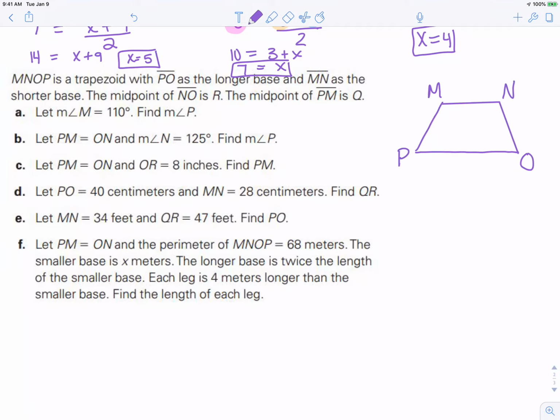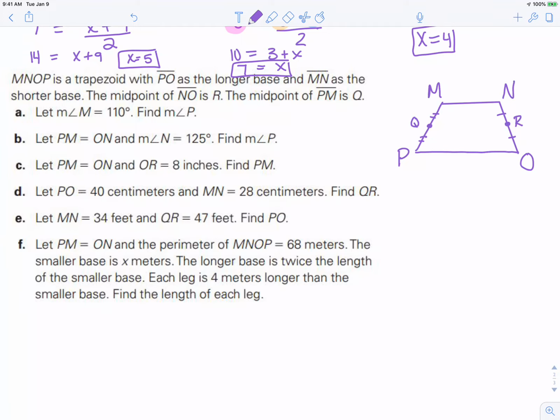Let's see, does that still say MNOP? Yes, it does. Then it says the midpoint of NO is R, so the midpoint right there. We also know the midpoint of PM is Q, so there's a midpoint there.